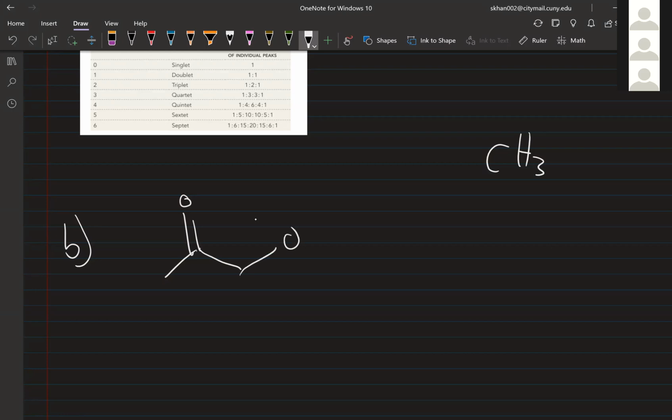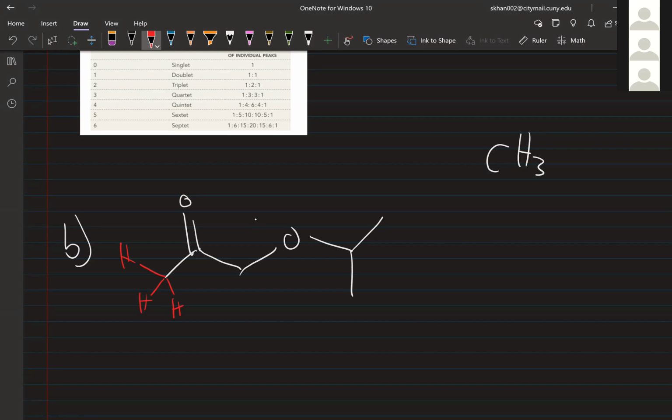So here we have, okay, let's start with the left side. If we were to label all of these, start with the red color here, H, H, H. How many signals?